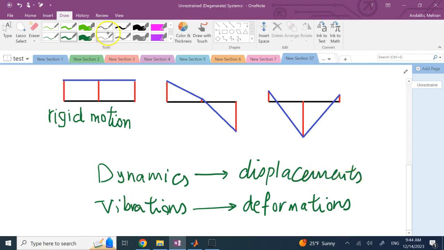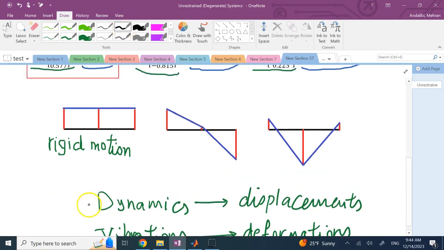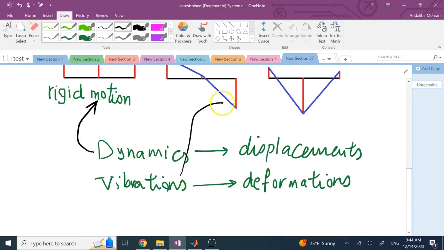And what you can see here is your first mode shape is showing a dynamic behavior. The other two modes are showing vibrations. The masses of the system are moving relative to each other, and so you will get some relative displacements.